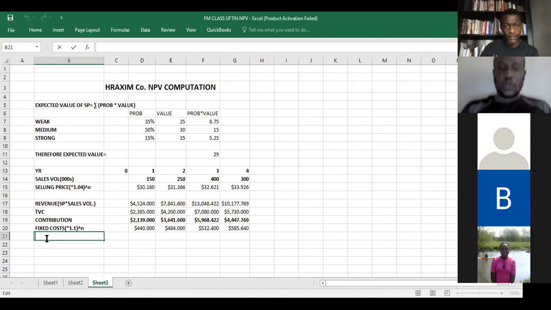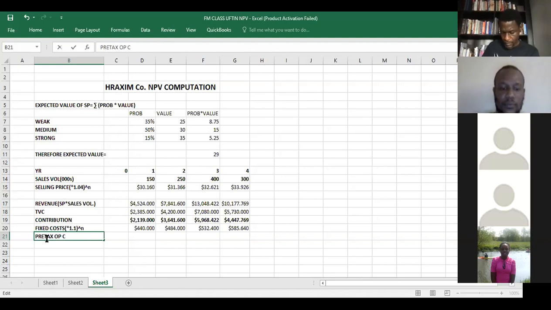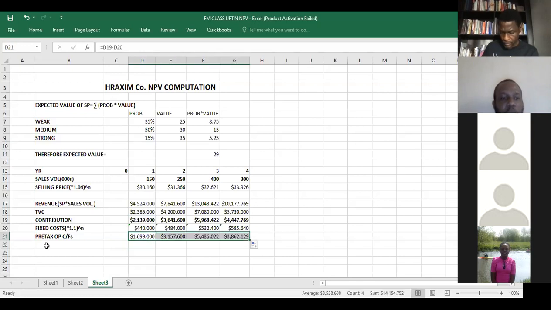Okay, so we can get our pre-tax operating cash flows now. So our pre-tax operating cash flows is equal to this minus the one below it. And then we can drag. And then we can do tax now.